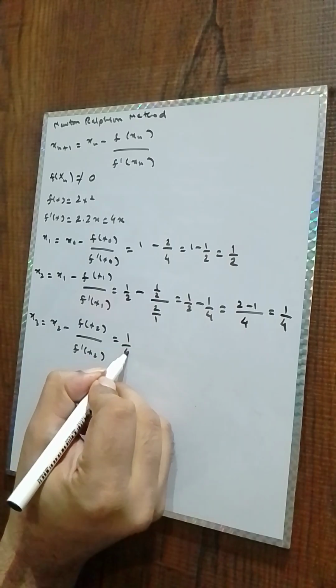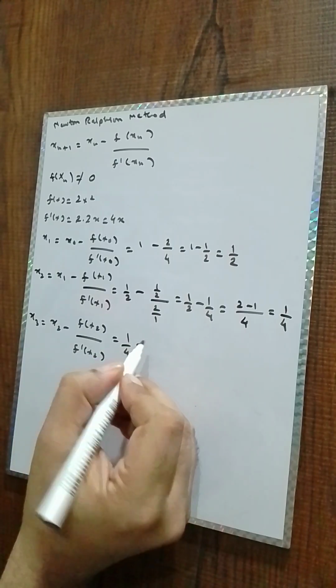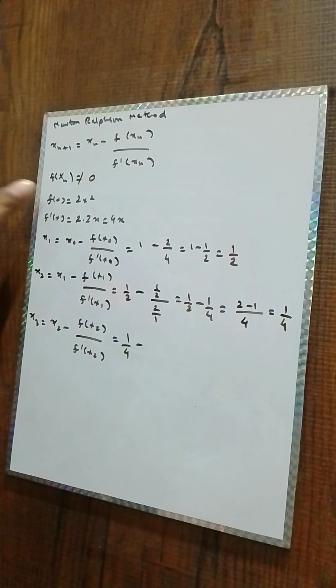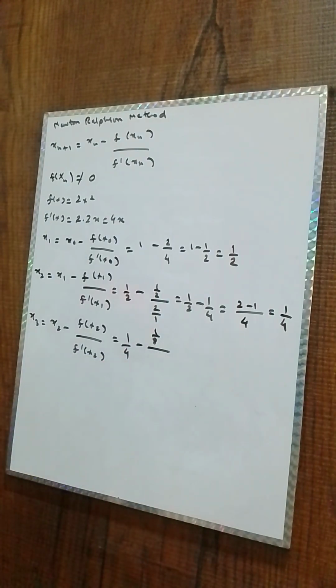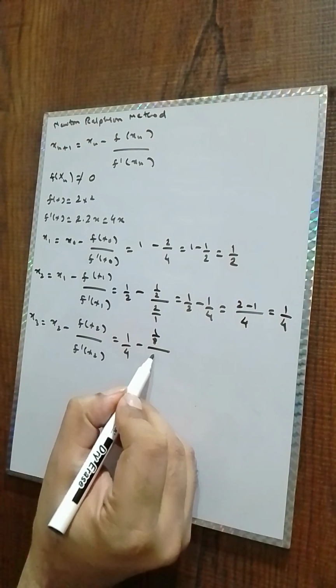Yes, this would be 1 by 4. We start with this value 1 by 4 minus. Okay, now we put this 1 by 4 into x square. So 2 into 1 by 16 is equal to 1 by 8, and so this is 1 by 8 by, now f prime 4x would be 4 into 1 by 4, which is 1.